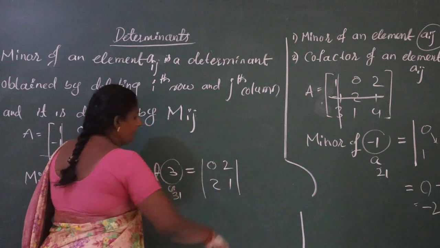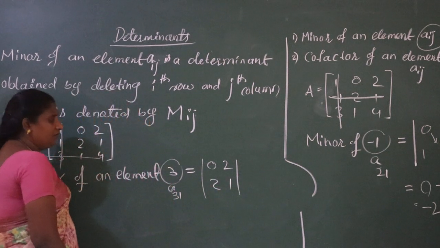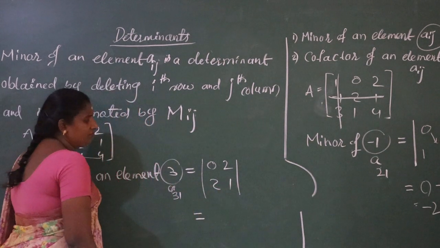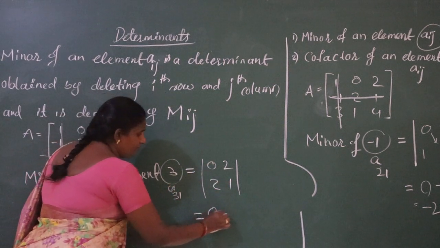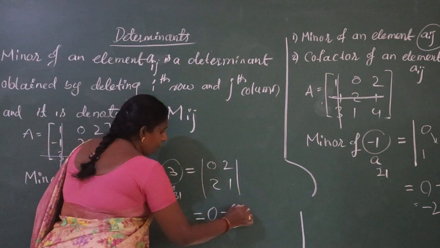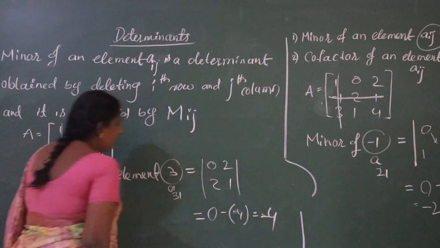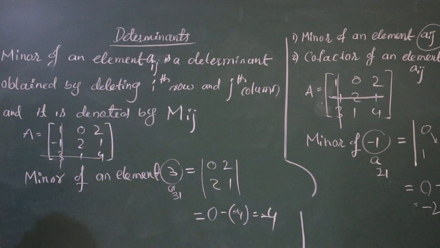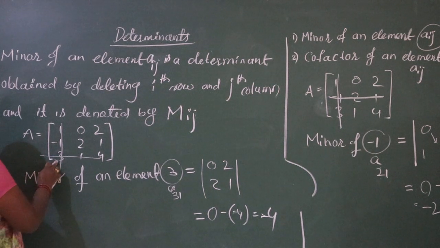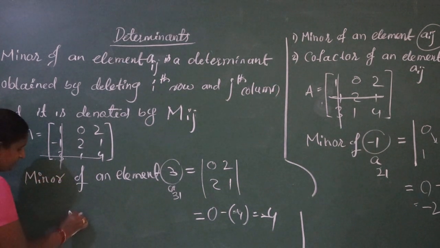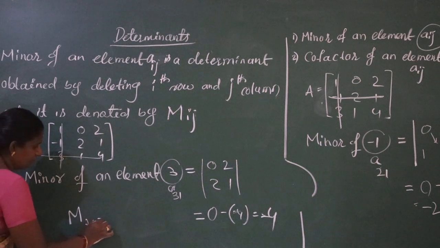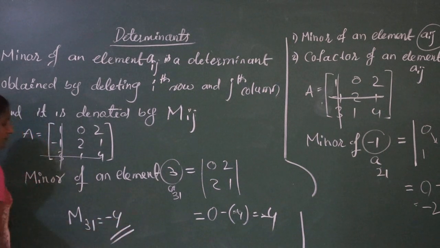That is our minor value. 0 into 1 is 0, minus 2 twos are 4, so minus 4. This is the minor of the element, denoted by M31. M31 equals minus 4.